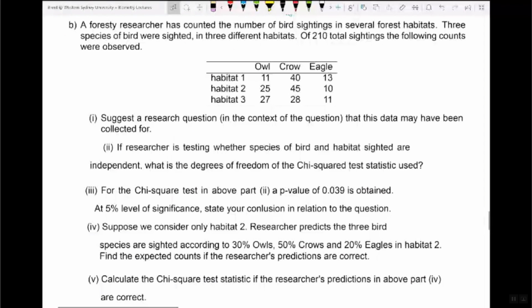Does it appear that they have no preference in where they live? Or I could ask whether there is a relationship between species and habitat. Does being a crow increase the likelihood of finding you in habitat 3, or does being an eagle increase the likelihood of finding you in habitat 1? We can't be that specific at the end of the test, but we can simply say, is there a dependence between species and habitat? Does it affect where you're going to find the species, depending on the location?